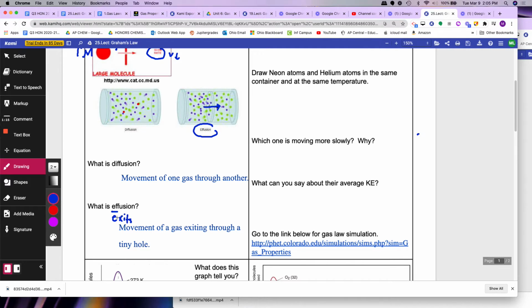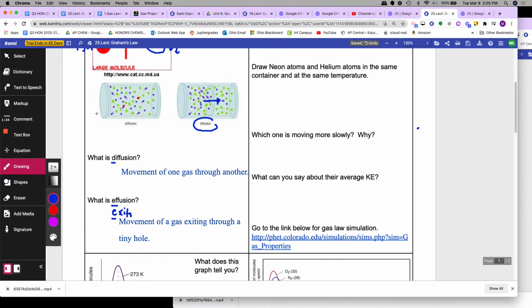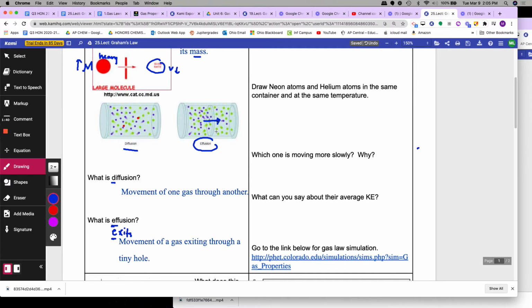And the way I remember it is E for exit, and diffusion is just random mixing of one gas and another, not coming out of a hole. So an example would be, let's say if you fart coming out of a hole, that would be effusion as it exits. And as the gas goes through the room and somebody else smells it, that would be diffusion, random mixing with other gas molecules.